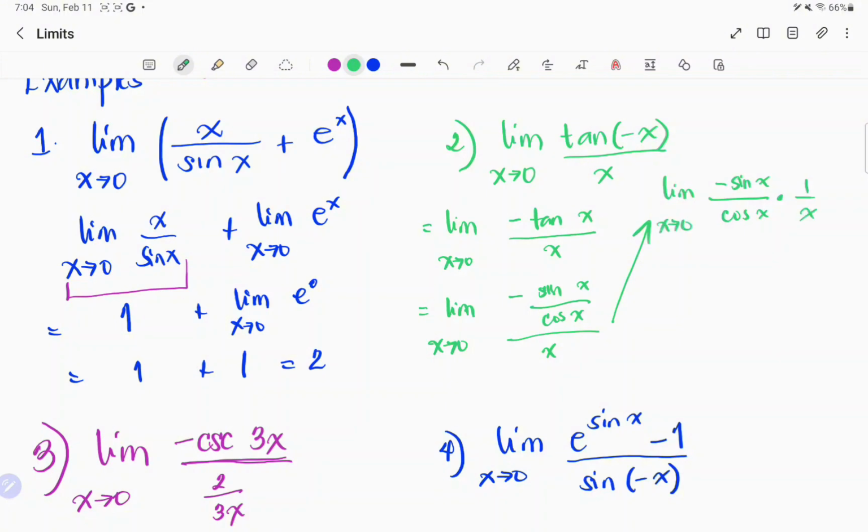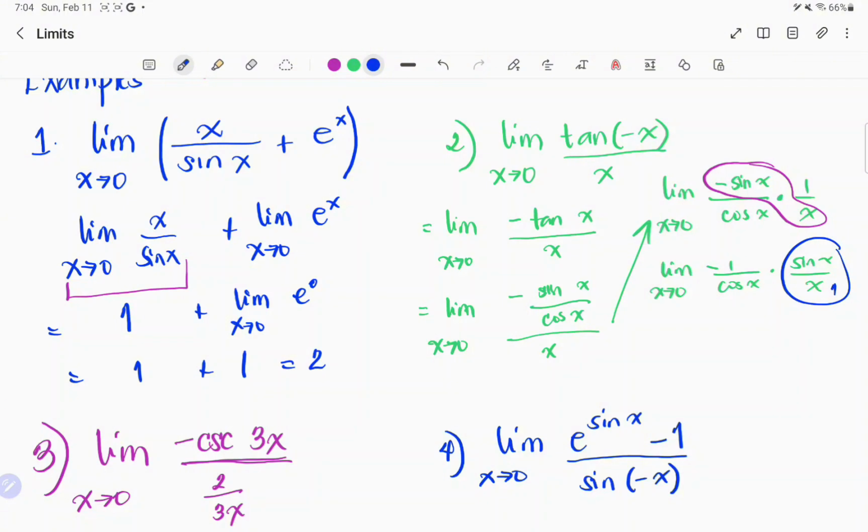Now, we have this factor be equal to 1, meaning we can rewrite this whole function as the limit of 1 over cosine x times negative 1 times sine x over x as x approaches 0. We already know that this is equal to 1.